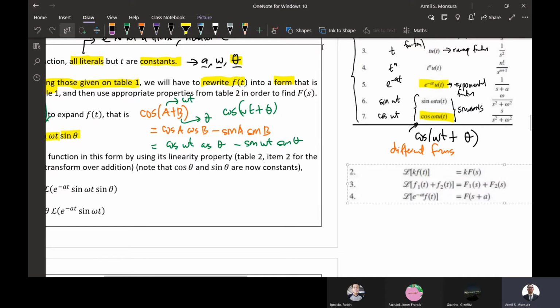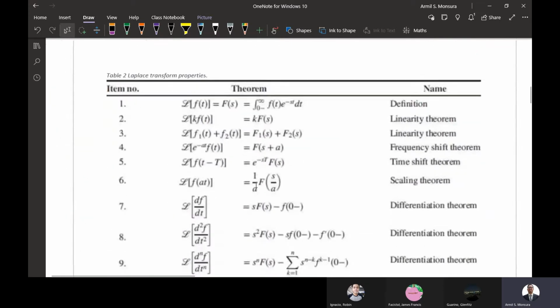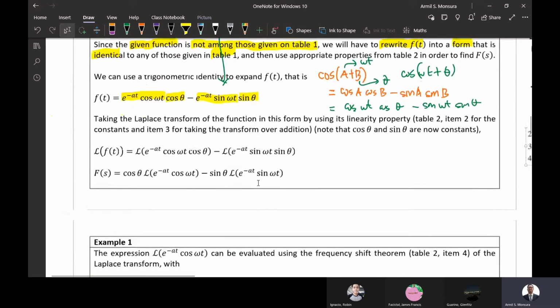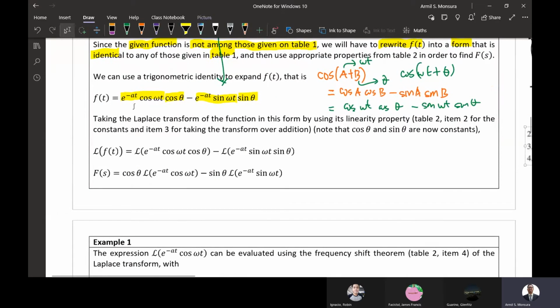Yan. So, okay. So, as I was saying, dahil nga dito, hindi pa rin makikita yung e raised to negative 80 cosine omega t, cosine theta dun sa table niyo. Okay.